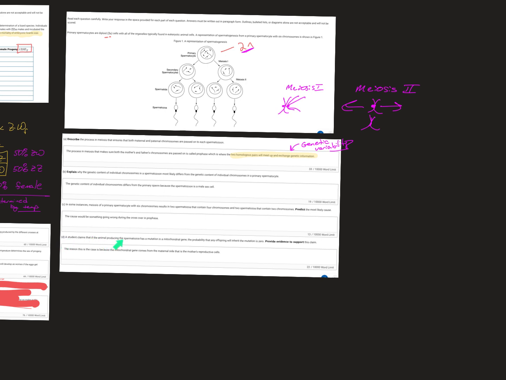A student claims that the animal producing spermatozoa has a mutation in a mitochondrial gene. The probability any offspring will inherit a mutation is 0. Why?